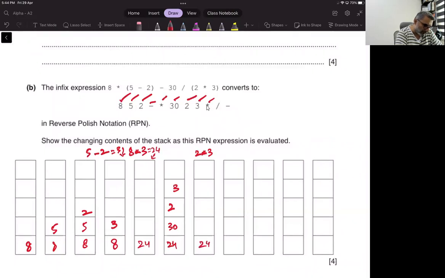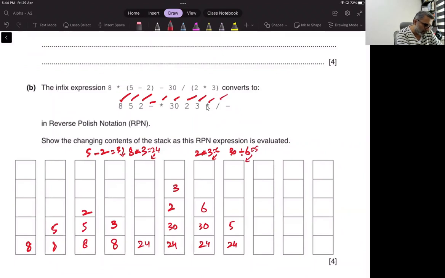So this becomes 24, 30, and 2 3s are 6. The result is pushed back. Then divide. So 6 on the right, 30 on the left. So 24 and 5.